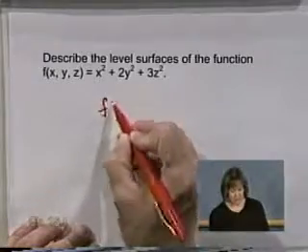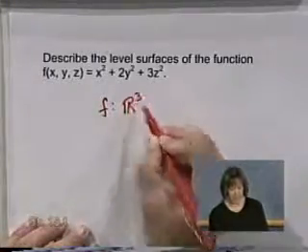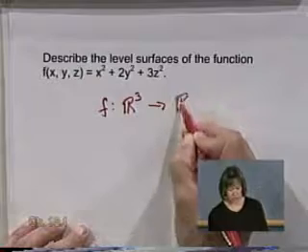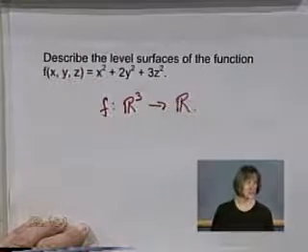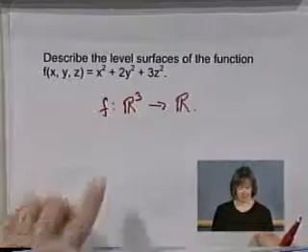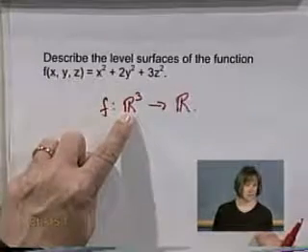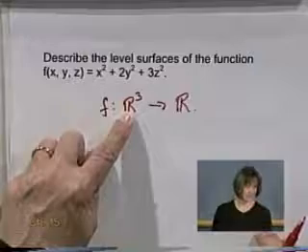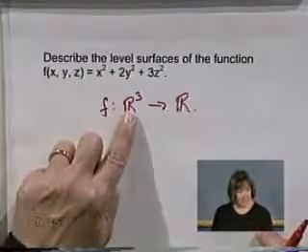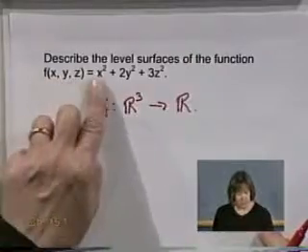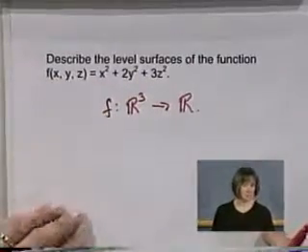Notice this function is defining something in three-dimensional space to the reals. So if I wanted to draw level curves, they would be where? In R3. You with me? Because this function's domain is R3, because it's taking a point in three-dimensional space and doing something to it to get a real number.